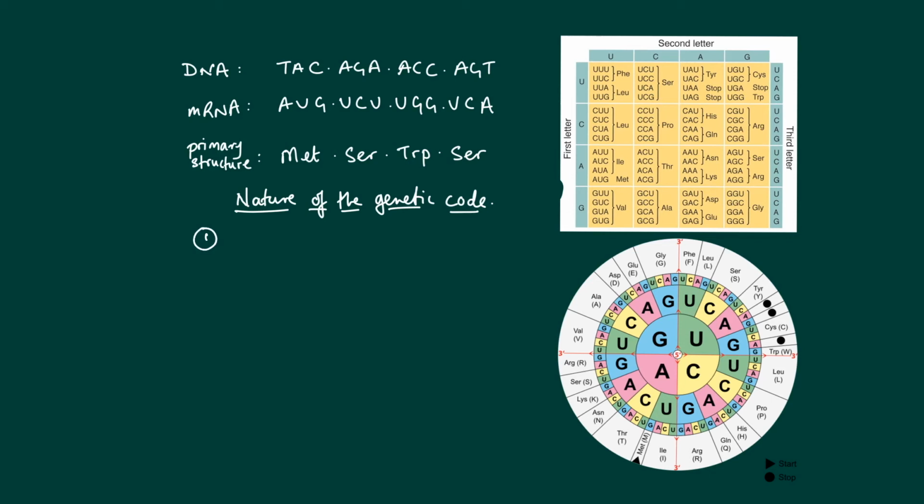First is that 3 bases give us 1 amino acid. Every 3 bases determine 1 amino acid. So that's the first thing about the genetic code. And remember that these 3 bases on the mRNA are called codons, and on the DNA they're called triplets.